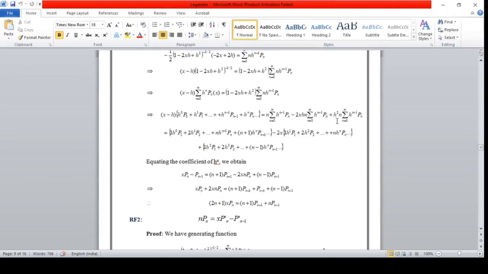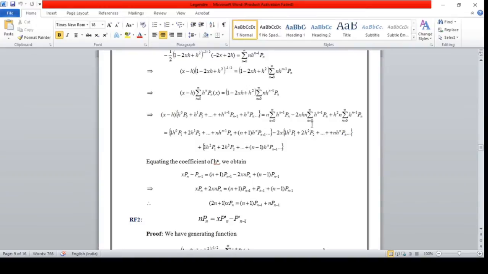Again open the summation on the right side: n into the summation, n = 0, 1, 2, 3, 4, 5 up to n-1, and again here open -2x times h multiplied by h^n Pn.